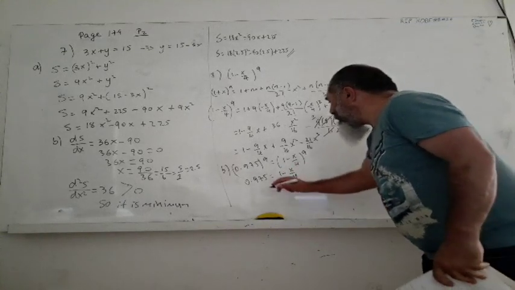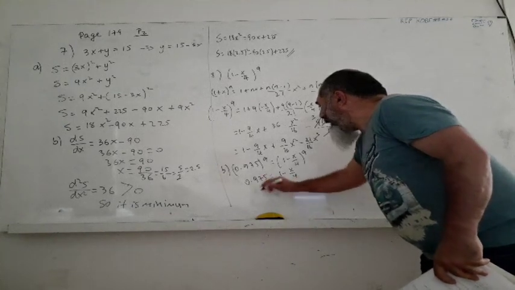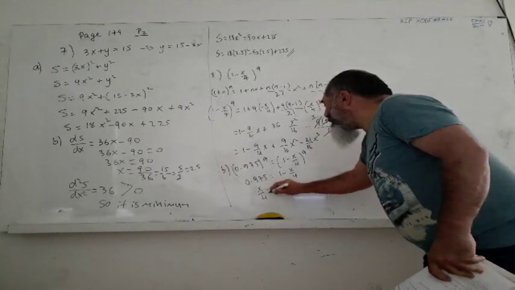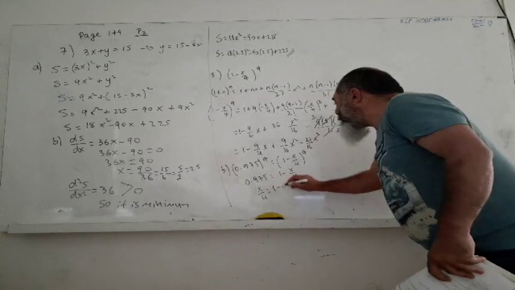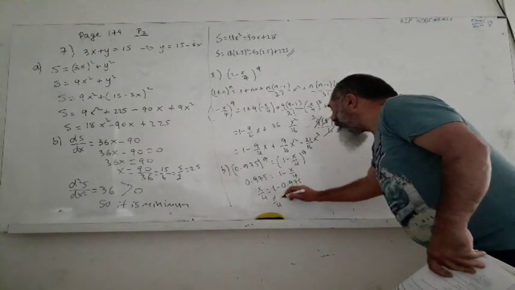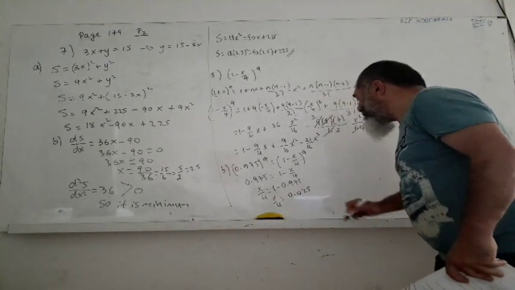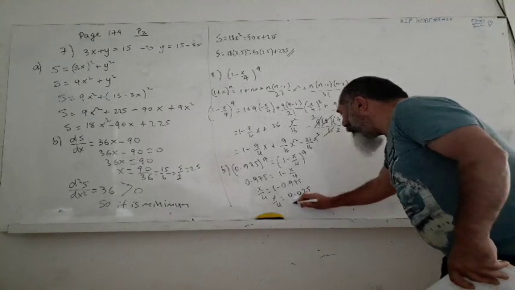So x over 4 is equal to 1 minus 0.975. x over 4 is equal to 0.025. So x is equal to 0.1.